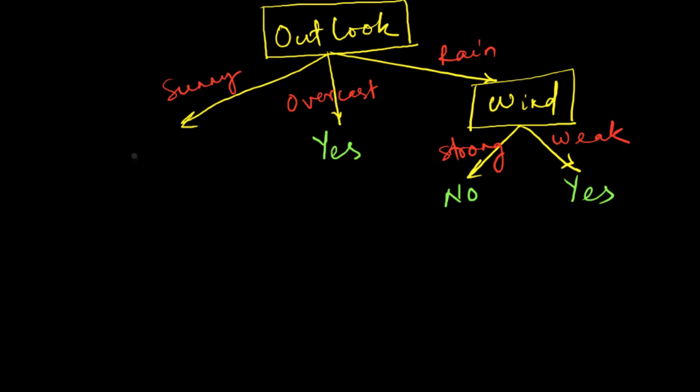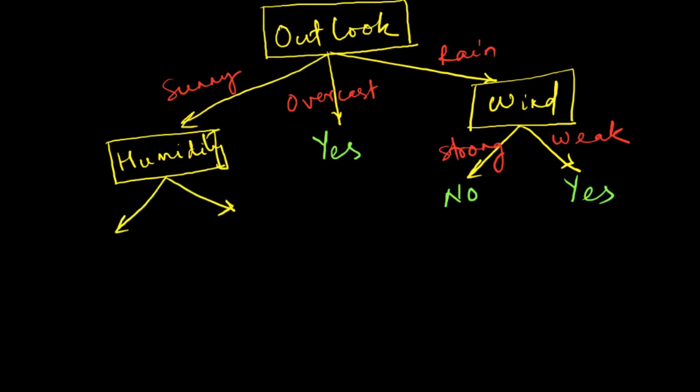Similarly, you can do the same process if the outlook is sunny, and then what you will find is that your next attribute value is humidity, which can take two possible values: humidity is high and humidity is normal. If your humidity is high, you again say no to tennis, but if your humidity is normal, you say yes to tennis.